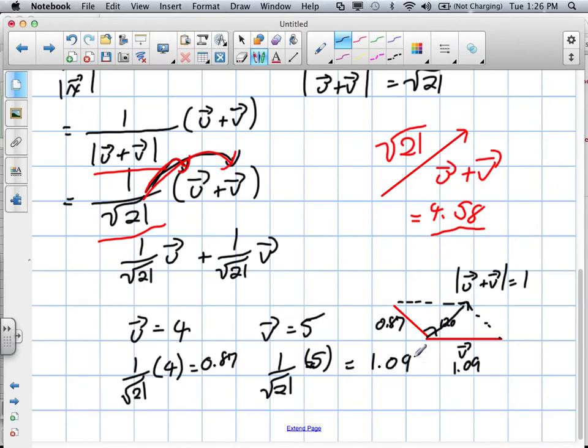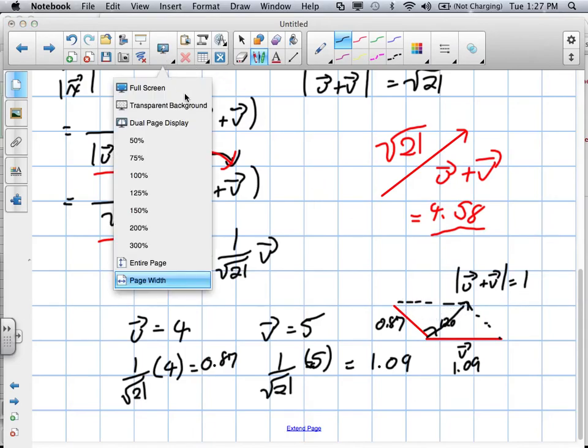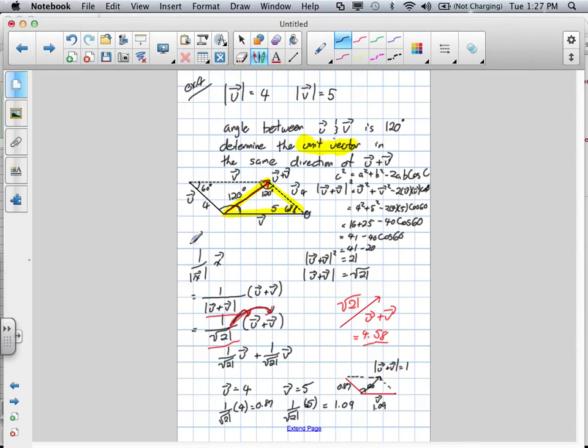Or in those cases, 4 over root 21 and 5 over root 21. When we do that, we discover that our new unit vector of the same direction will be of a magnitude of 1. So that's what all of this did. It just gave us a unit vector, u plus v, of a magnitude of 1, and it told us what we had to scale the other two vectors down to in order to get that number.